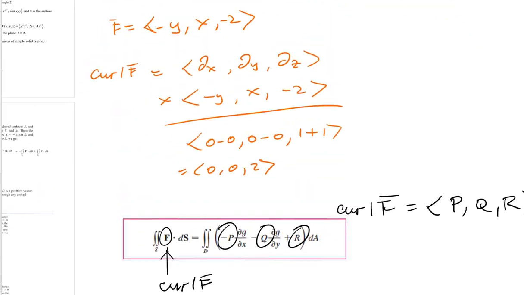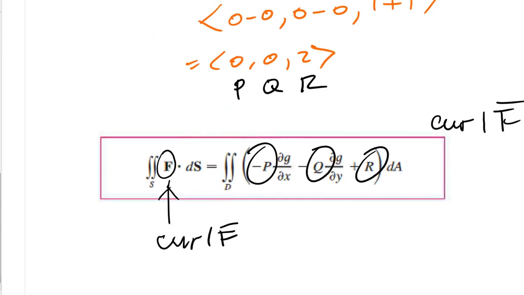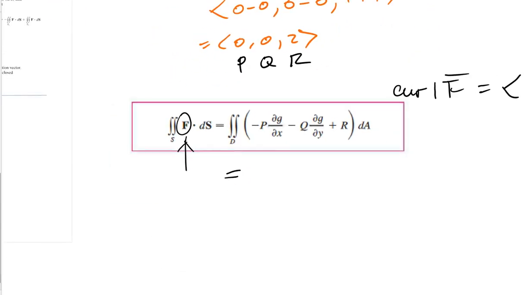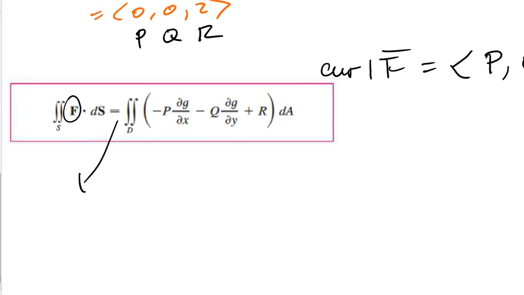So here, the curl of F is P, Q, R. P and Q are both 0, and R is just 2. So if we apply this, we get a double integral of negative 0. Okay, it's going to be 0, but I want to go over this so that we can get it down. In case it weren't 0, let me show you what you would put here, okay?